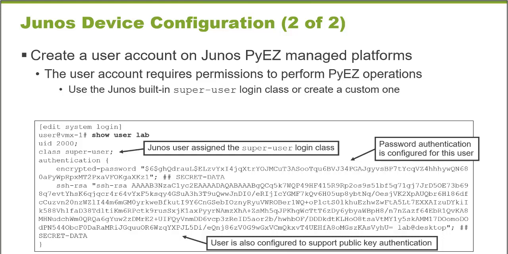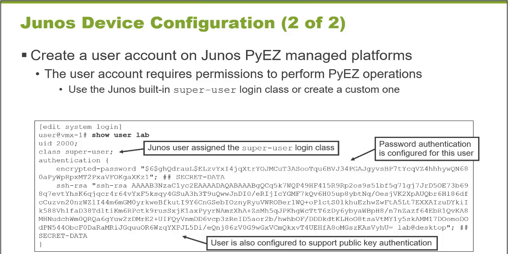In this example, under the edit system login branch of a Junos device configuration, a user account named lab is created. Now, what is important here is that you need to assign the user account a login class that has sufficient permissions to perform the actions that you want using Python and Junos PyEZ.